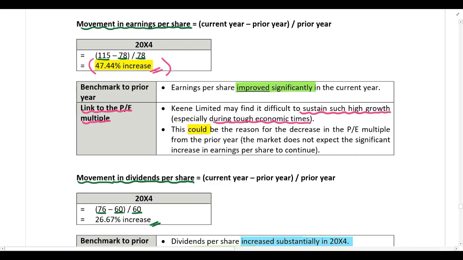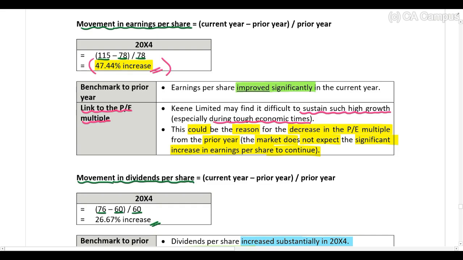And that could be the reason why the PE multiple has deteriorated from the prior year to the current year, because the market does not expect the significant increase in earnings to continue. All right. So the reason for the deterioration in the multiple from the prior year to the current year is because this type of growth is not expected to continue in the future, especially during tough economic times.